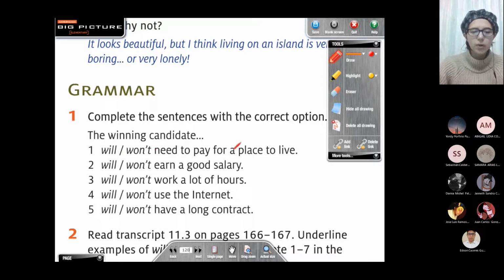Does he need to pay for a place to live? Yes or no? Will? Okay, so the winning candidate will need to pay for a place to live. Well, I gotta tell you that no, that's not true.